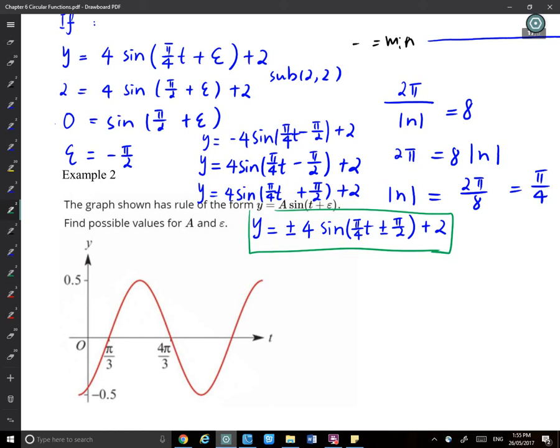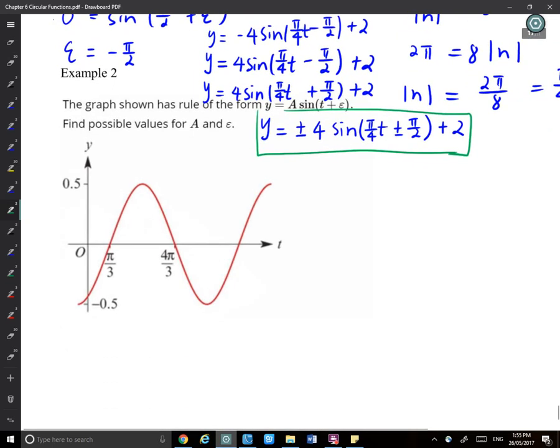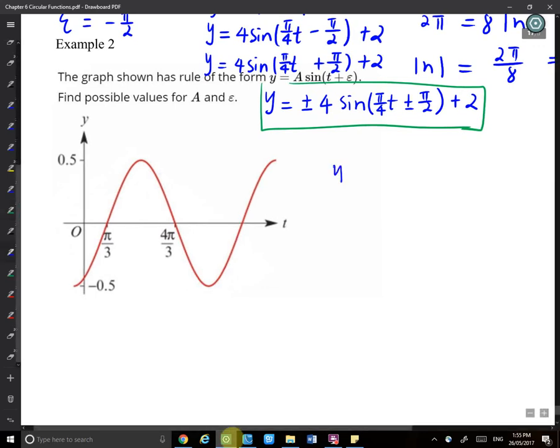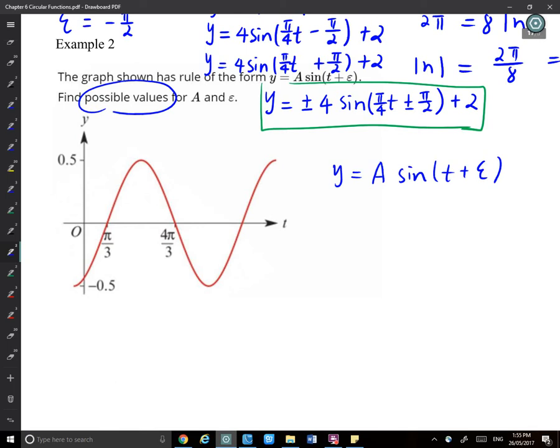Let's have a look at the next one. This graph tells you that y equals capital A sine bracket t plus epsilon. Find the possible values for that. It doesn't say find all the values, so find a possible pair of values.